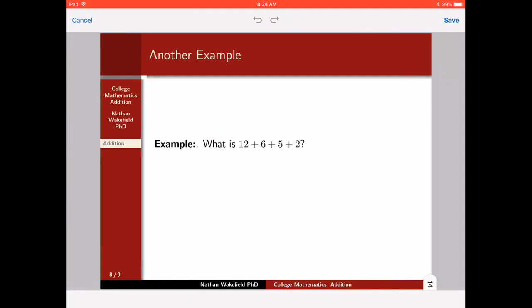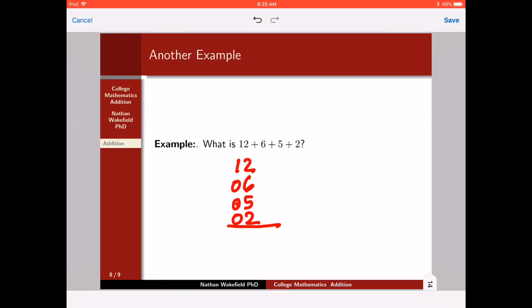We should also just really quickly reiterate, what do we do when we've got a long sum? We can add more than one number at a time. Well, what we can do is just stack them all like we've been doing. So I keep track of all of my columns. I've got 0 tens over here with the 6, 0 tens with the 5, and 0 tens with the 2.